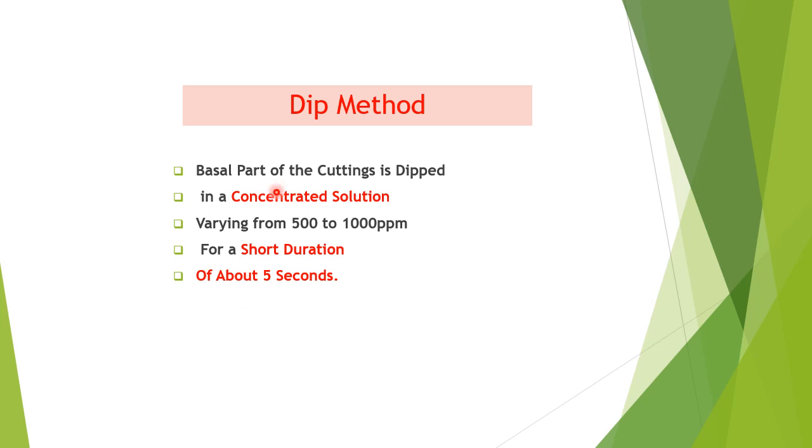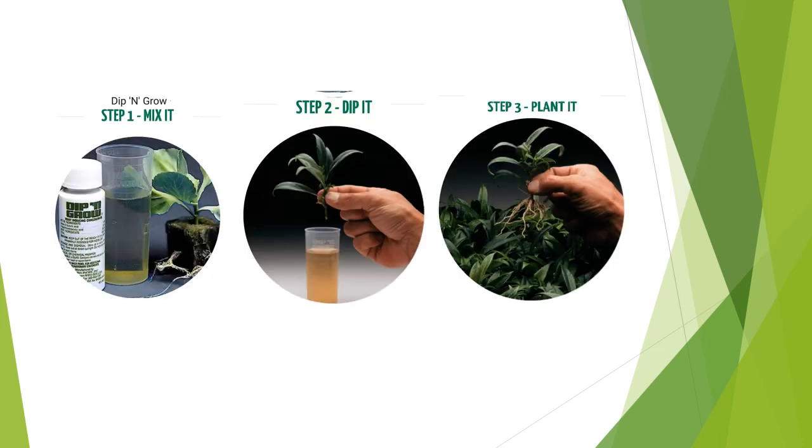The dip method, which is the last method here, as I said, involves quick dipping of the basal end of a cutting in a concentrated solution, varying from 500 to 1000 parts per million. It's for a short duration, only about 5 seconds. In step 1, you mix it first.